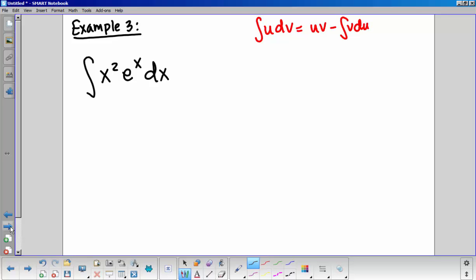So LIPET says we're going to choose u as x squared because that's polynomial. That's right. So we'll let u equal x squared, and then dv is what's left in our integrand, which is e to the x dx. And we need a du, which is 2x dx.